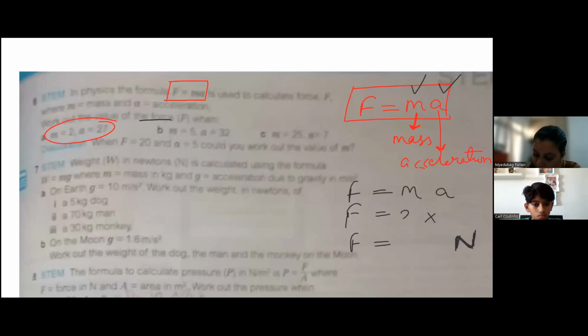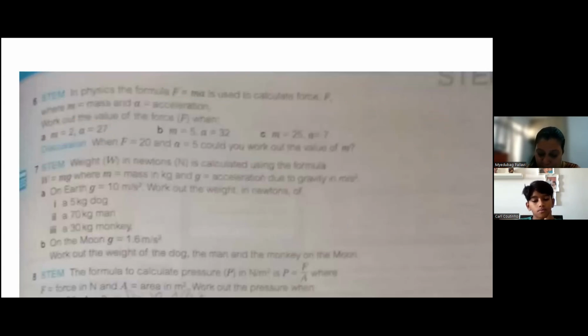When m is 25 and a is 7, quickly, let's find it out. 175. Correct, 175 is the correct answer. Got it? This is how we are finding different values for F when the values of m and a are given to us. So in this chapter, we have only this.